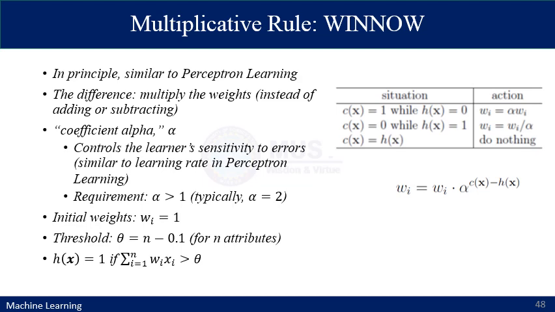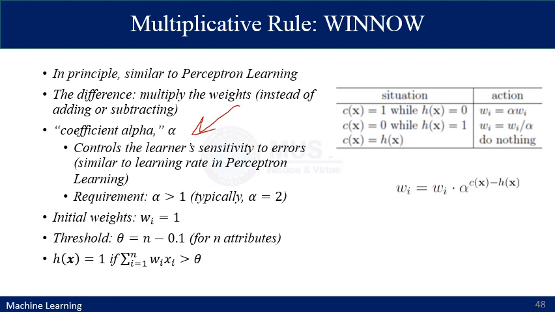That means we multiply the weights instead of adding or subtracting. And here we use the coefficient alpha, which controls the learner's sensitivity to errors, similar to the learning rate in perceptron learning. The requirement is that alpha should be greater than 1. Typically alpha is set at 2.